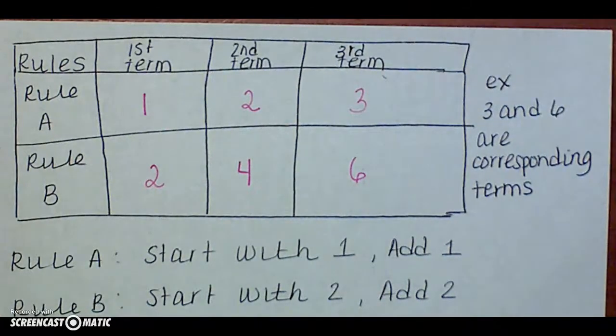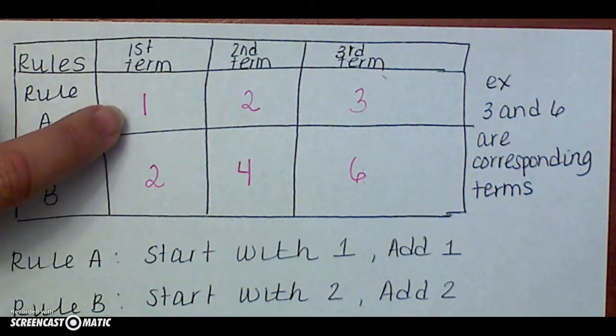Okay, so now we have to find ways that each column is related to one another, and the way we answer it is not like the rules that we did previously. It's more stated in sentences, and we'll use the terms rule A and rule B to do some comparisons. So if I look at 1 and 2, and 2 and 4, and 3 and 6, I know that in order to get to 2, I could add 1, or I could multiply 2.